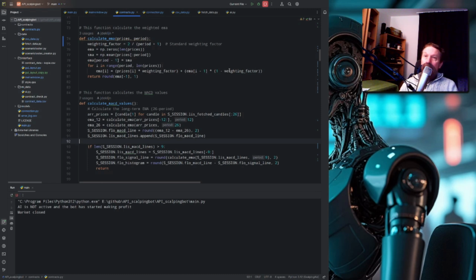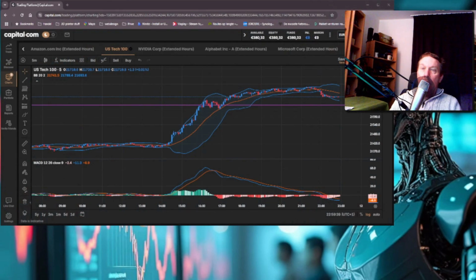So let's take a look at the bot right now, because I see the market is closed. And you see the trader's MACD right here, I have to stay on this side for this candle right now.